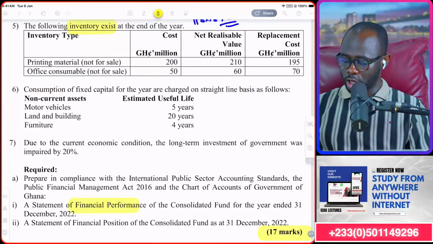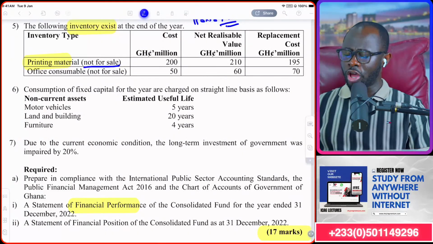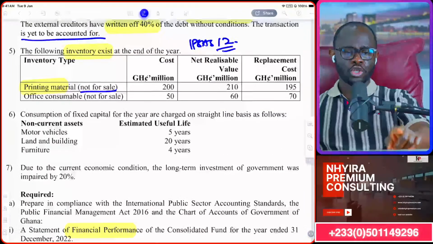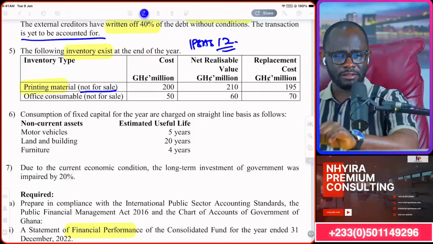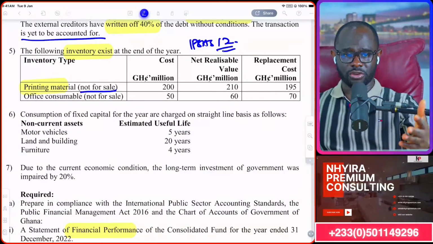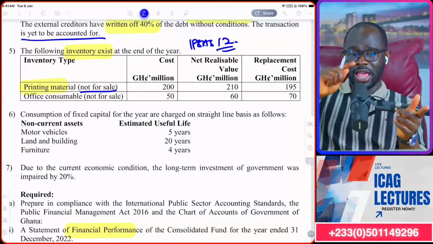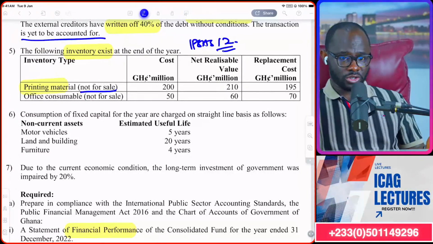So let's go back into the inventory. 1, it says printing material. Stay with me carefully, in brackets, not for sale. So if it is not for sale, it means they use it in the day-to-day running of the entity or government machinery. So what will be the basis? It will be the lower of cost and replacement cost.